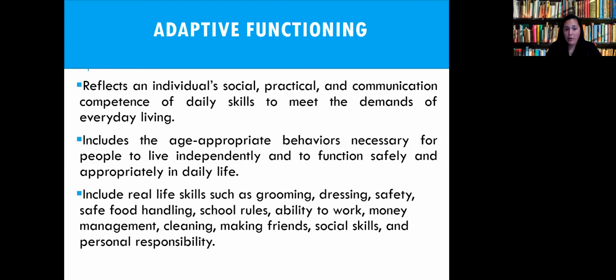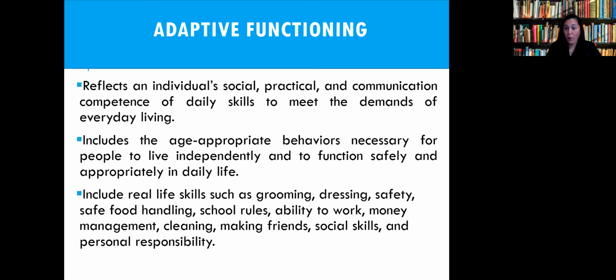And so they're broken down into social components of your day-to-day, practical components of your day-to-day. So think your ability to navigate your day-to-day environment, work environment, school environment, your home environment, safety. Does this individual know that we shouldn't put our hands on a hot stove? Questions that kind of fall in that range. And then again, communication. So am I able to communicate my needs to others?